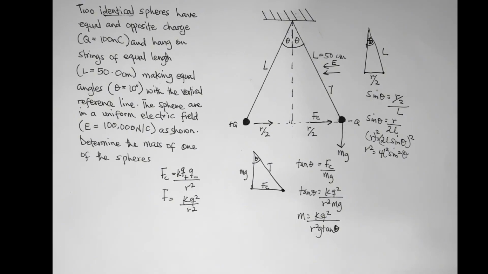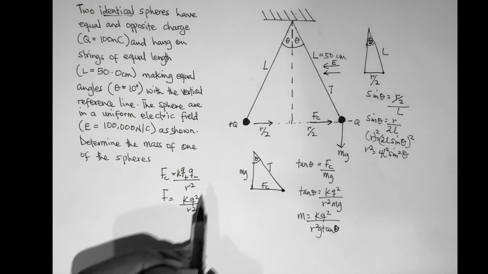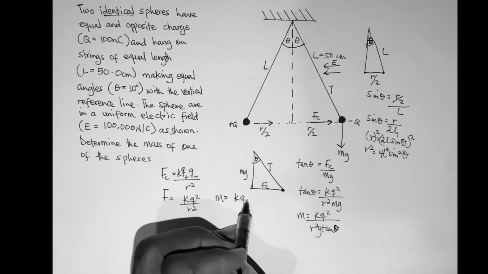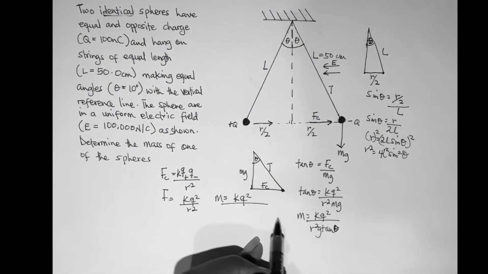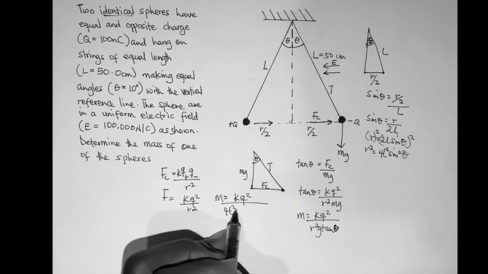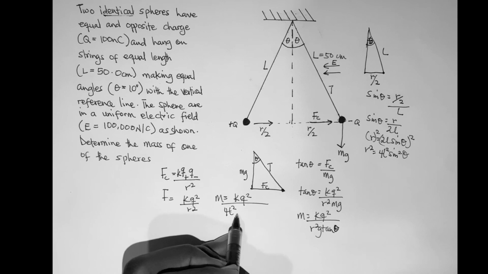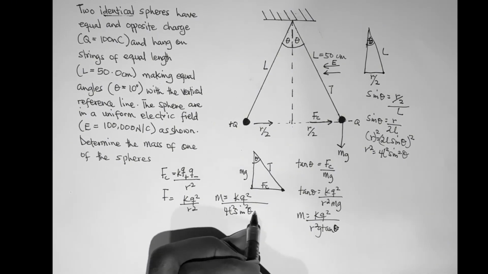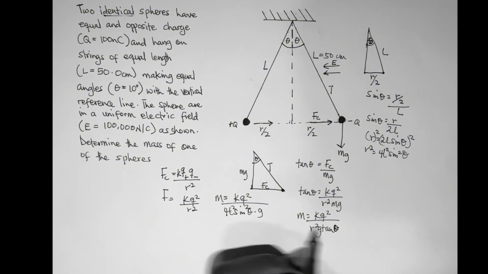Having found this, let's put it in the formula to find m. From here we can see that m is equal to kq squared divided by r squared, and r squared is 4L squared sine squared theta, times g tan theta.